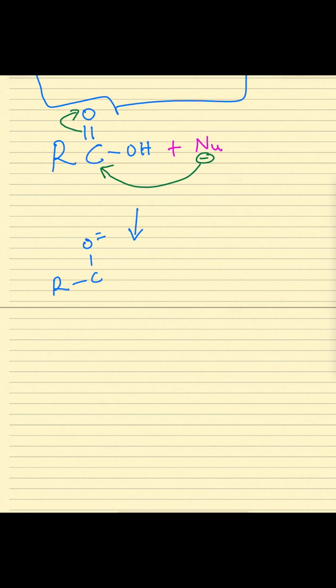Now you have an O minus there. You still have the OH there, but now you have connected the nucleophile to that carbon, and this is called the tetrahedral intermediate.